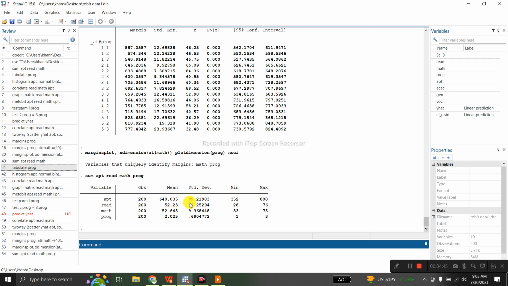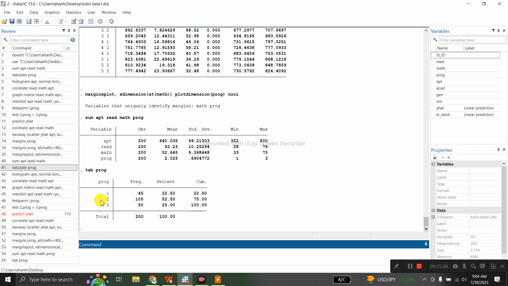So again, the first three, that is apt, read and math, are quantitative variables, so we have their means, standard deviations, minimum and maximum. The last variable prog is a categorical independent variable. It has three values. So let me tabulate it so that I know the frequency of these variables.